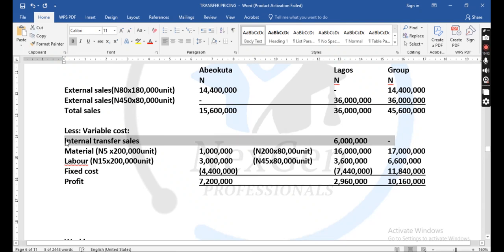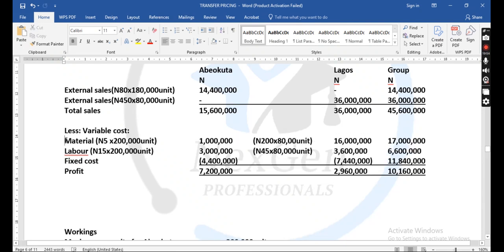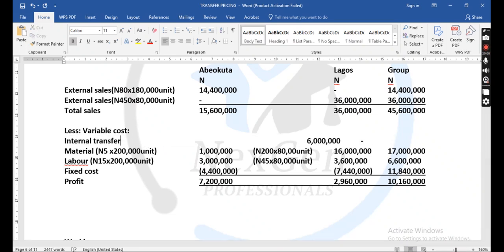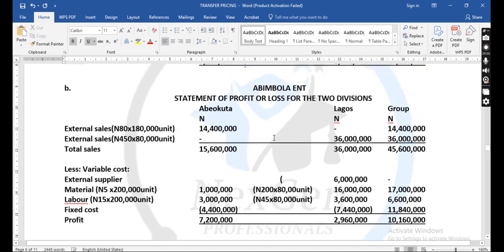There's no internal sales, but there is external supply. Lagos will buy it externally at 65 naira.